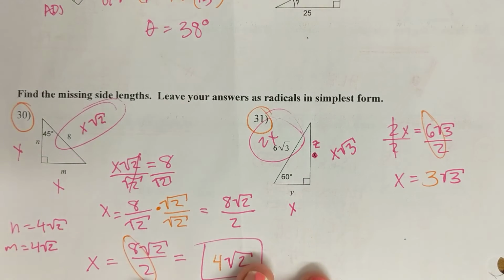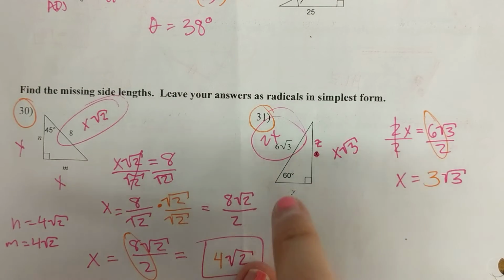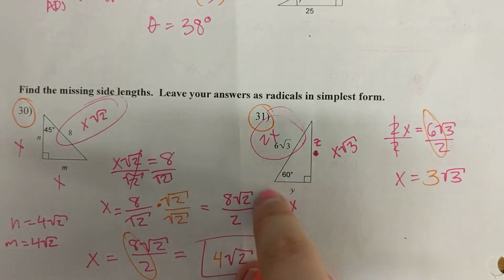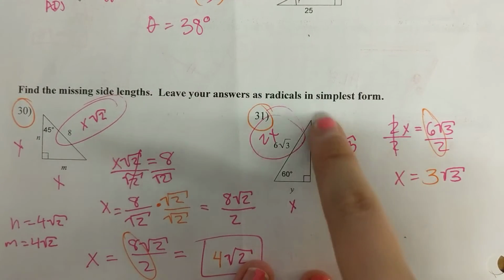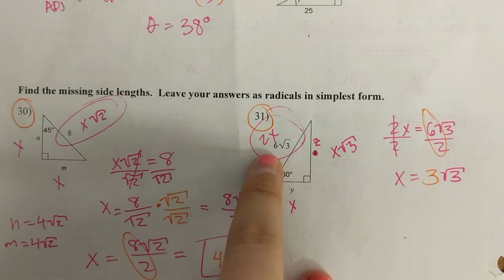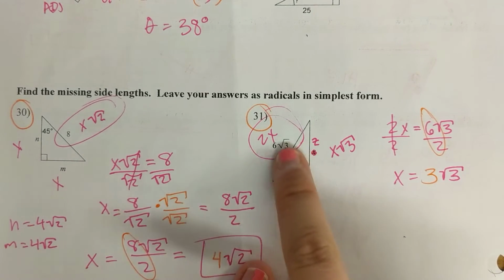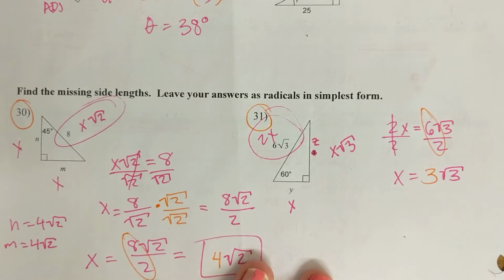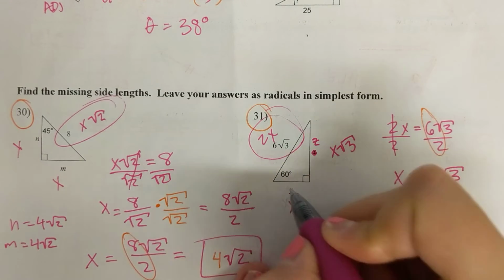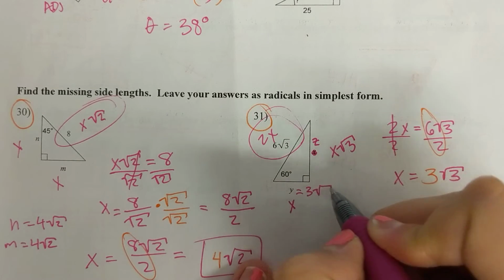Root 3 could be a part of any answer, okay? It's just that for this leg, if you know the short side, all you have to do is times it by root 3 to get this leg. But sometimes root 3 is there, and sometimes it's not, and sometimes it's here, okay? So don't get confused. Just because you see a root 3 does not mean it corresponds with the root 3 leg of the triangle. All right, so y, this right here, is 3 root 3.